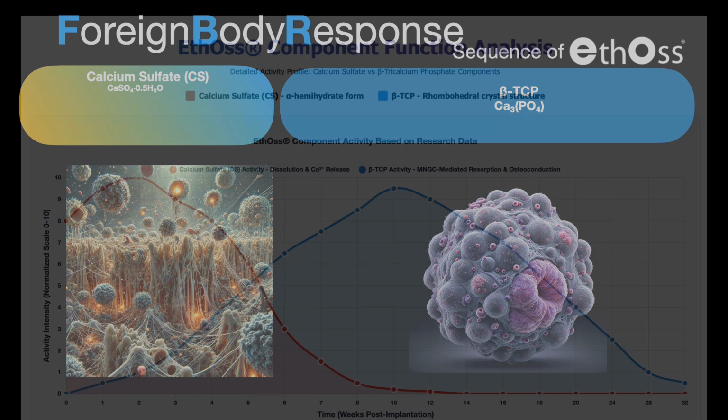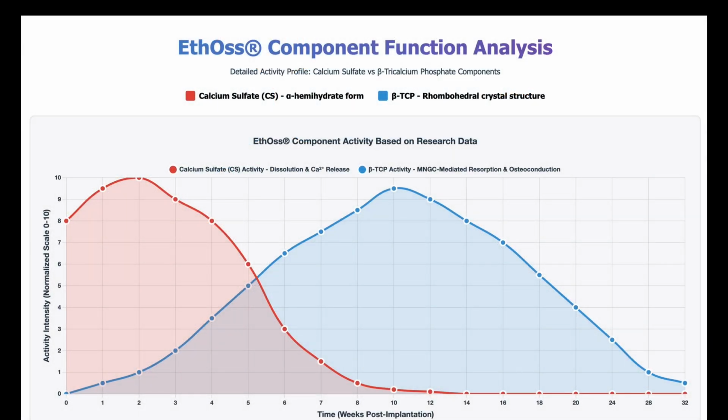So we got some information about how EthOss works from all the articles. We know that calcium sulfate works within the first 4-6 weeks mostly, and beta TCP works a bit later, but it lasts for a very long time. We don't precisely know how long it lasts, but some studies say 9 to 12 months.